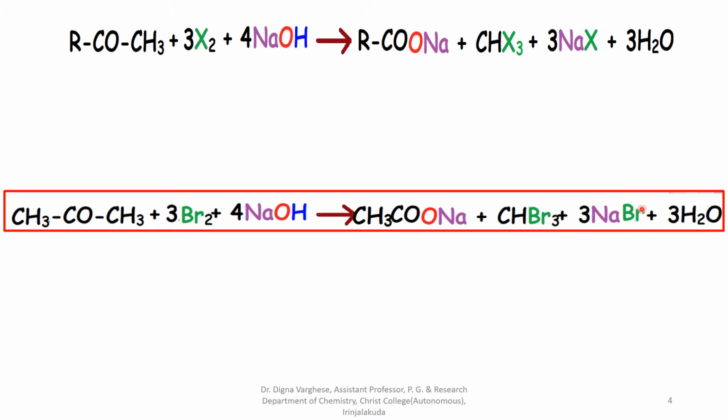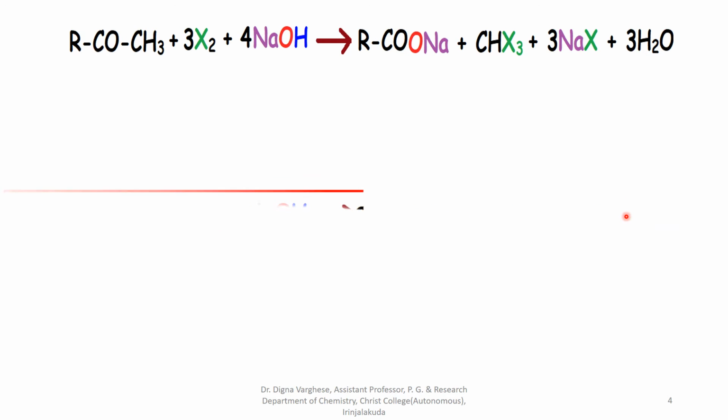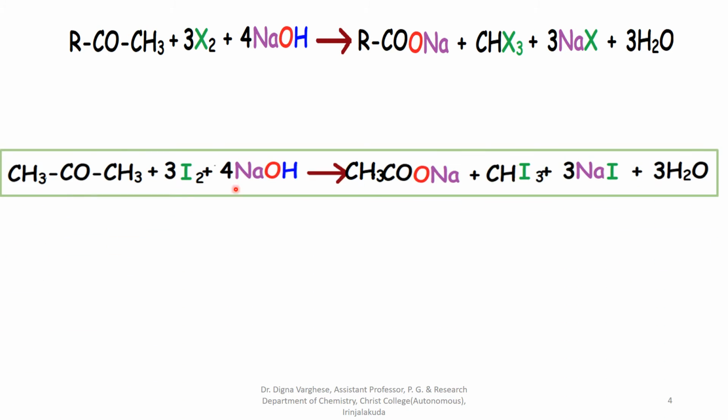And sodium bromide and water are formed. The next reaction is if the halogen atom is iodine: the same acetone reacts with iodine. In the presence of alkali, it forms sodium acetate and iodoform, that is CHI3, also formed with sodium iodide and water.